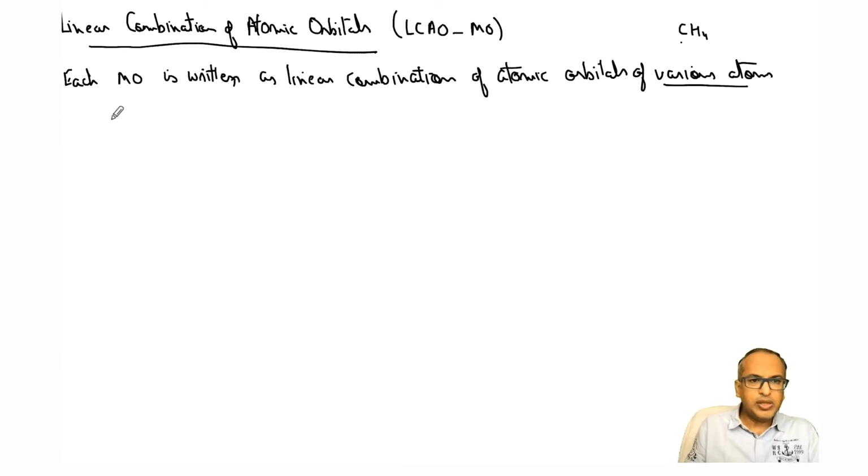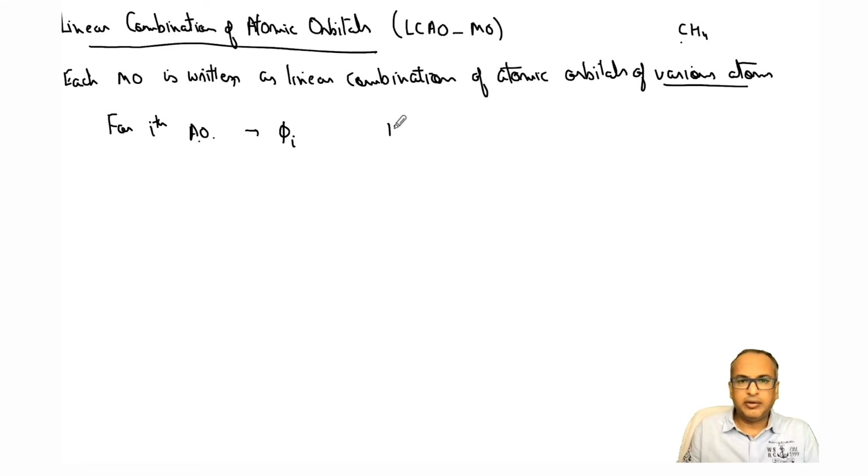So for the ith atomic orbital, we can write phi i, and the kth molecular orbital can be written as psi k. This is the nomenclature which we'll be using.